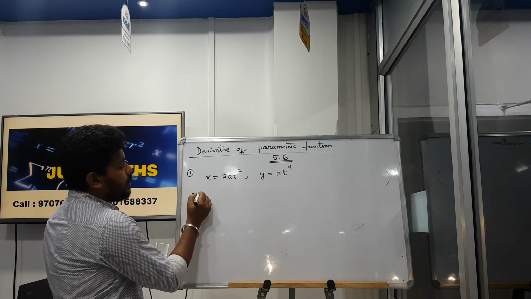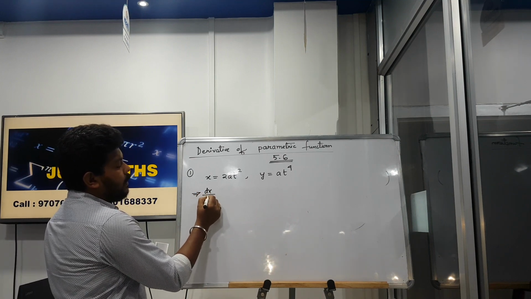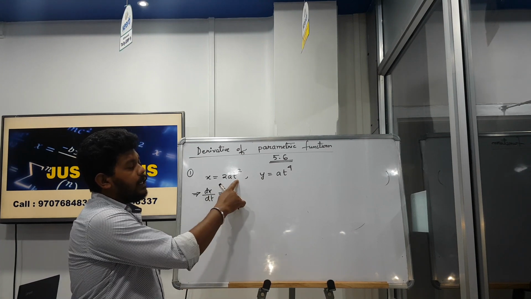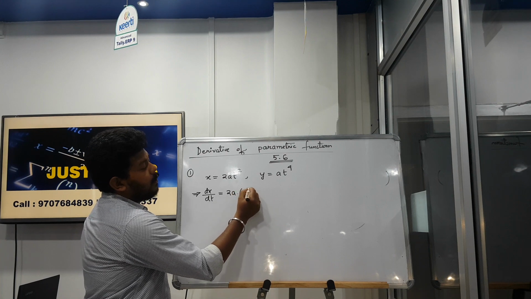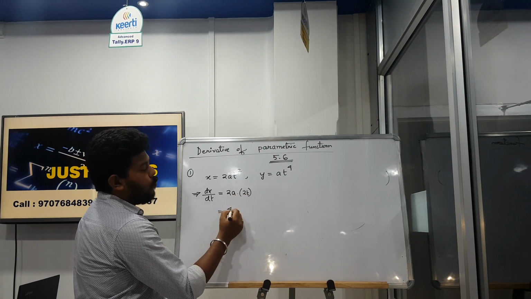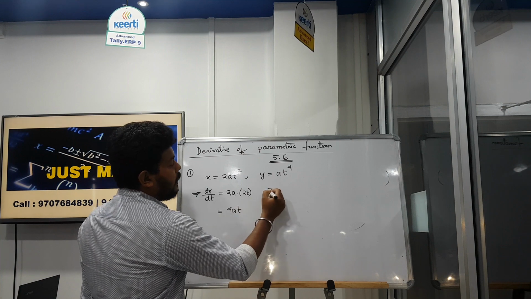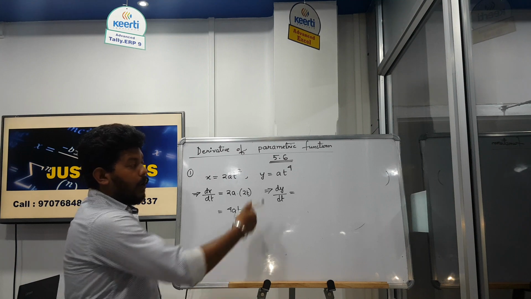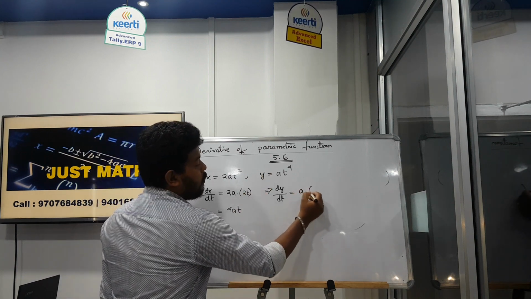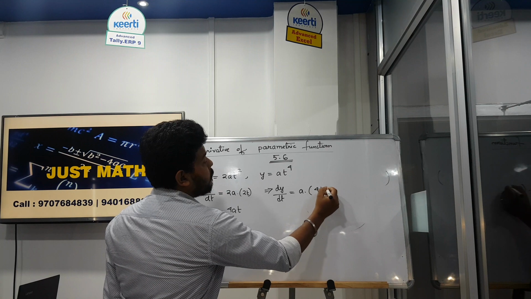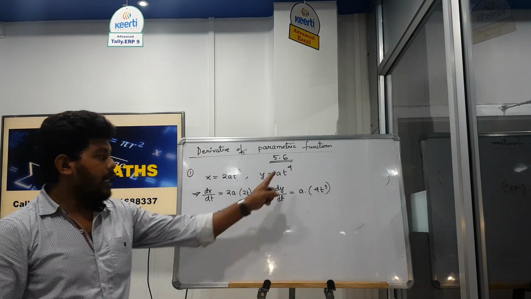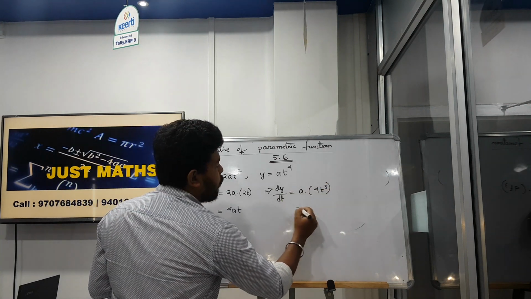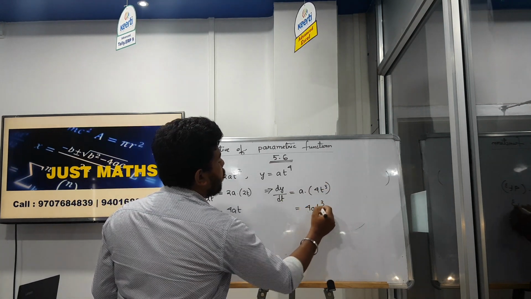Now we will differentiate x with respect to t. dx by dt, 2 is a constant, a is a constant. For t square, derivative is twice t. Therefore, it is 4at. Again, differentiate y with respect to t. You will get dy by dt, where a is a constant. For t to the power 4, derivative is 4 times t cube, x to the power n, n into x to the power n minus 1. Therefore, your answer will be 4 times a into t cube.